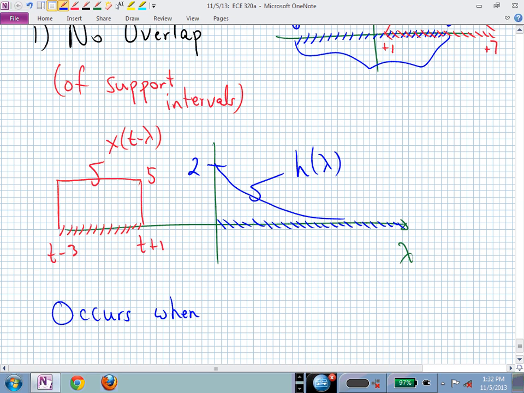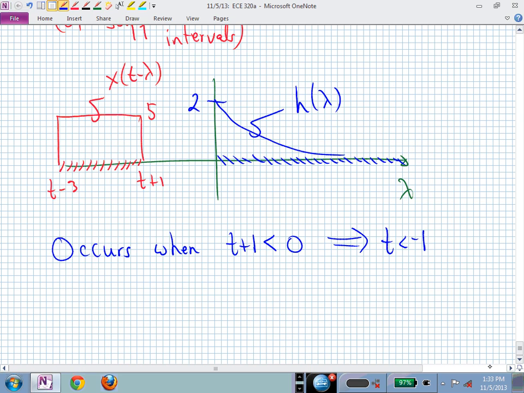This pattern occurs when t plus 1 is less than 0, or as long as t is less than -1. What's the output? If I now integrated the product of x of t minus lambda and h of lambda for this picture, if I multiplied h by x of t minus lambda, what do I get?